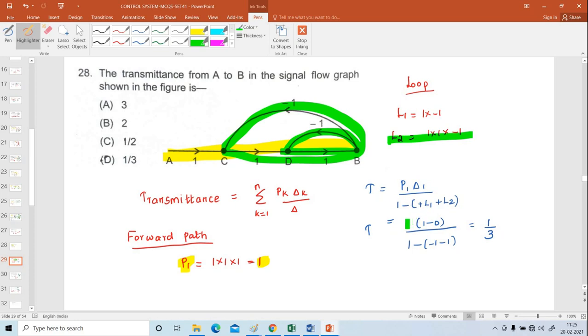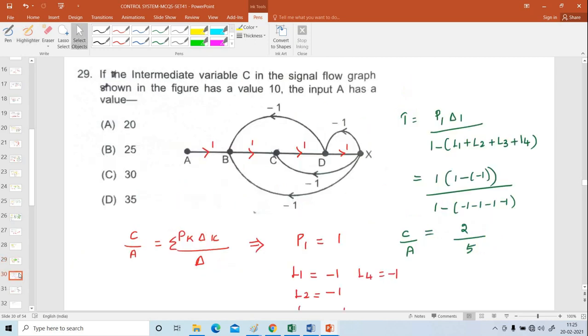So P1 is equal to 1. And what about delta 1? Here both the loops are touching the first forward path. So 1 minus 0. And next, 1 minus of minus 1 minus 1. So the answer is 1 by 3. That is option D, the correct answer.